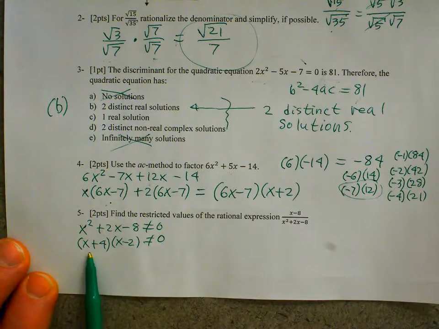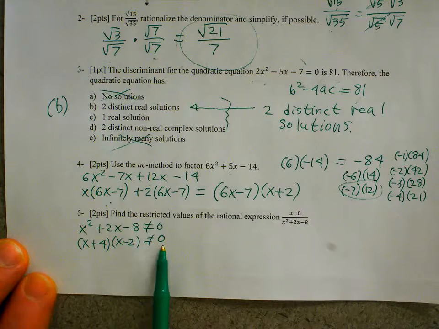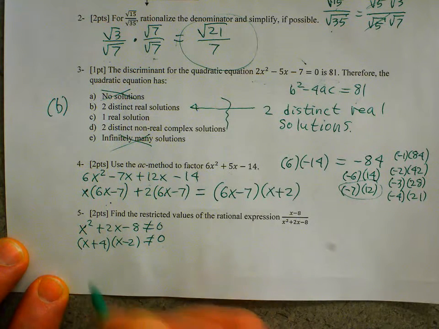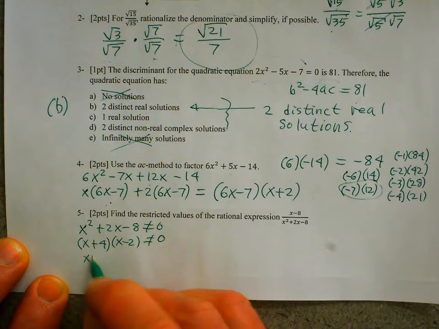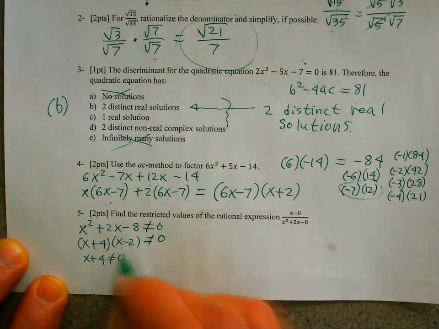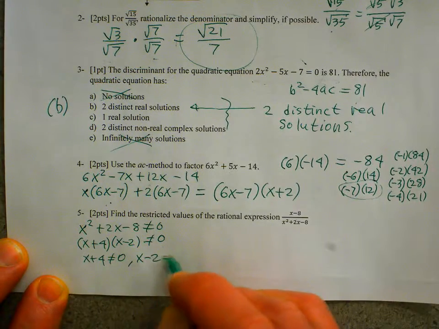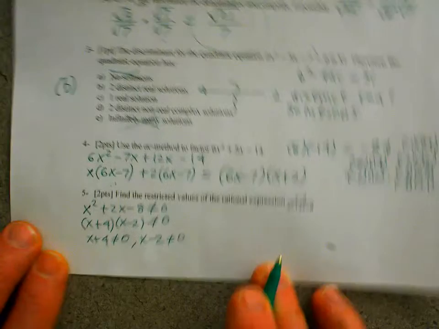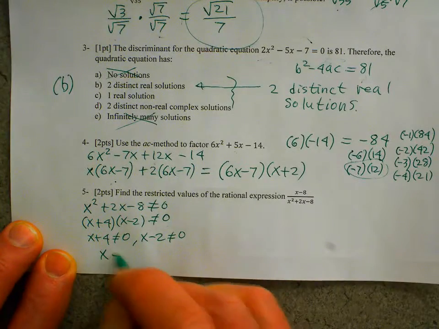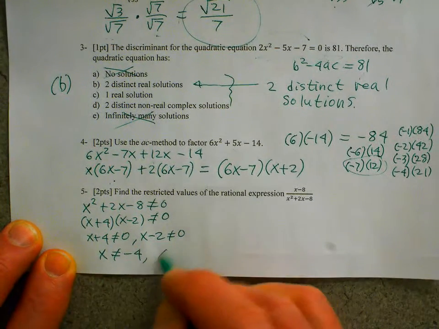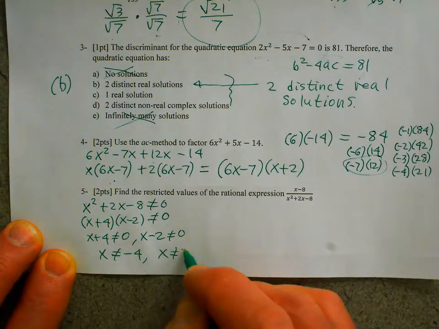So if a product of two numbers is not 0, then neither of the numbers is 0. So x plus 4 is not 0, and x minus 2 is not 0. So x cannot be negative 4, and x cannot equal positive 2.